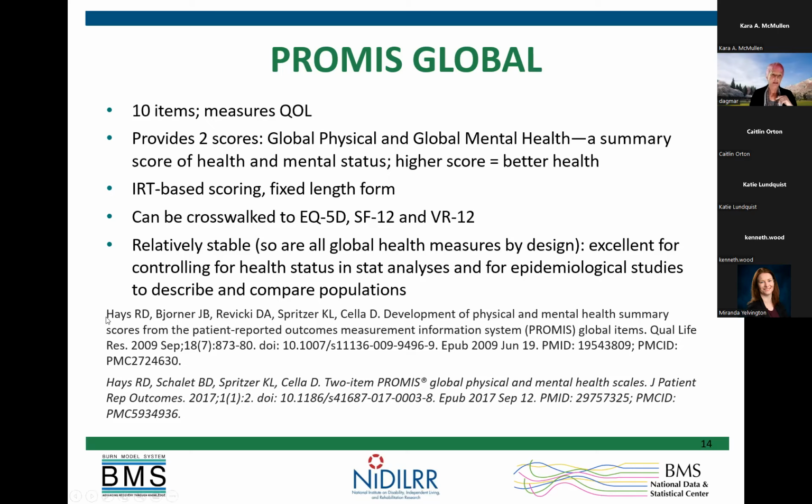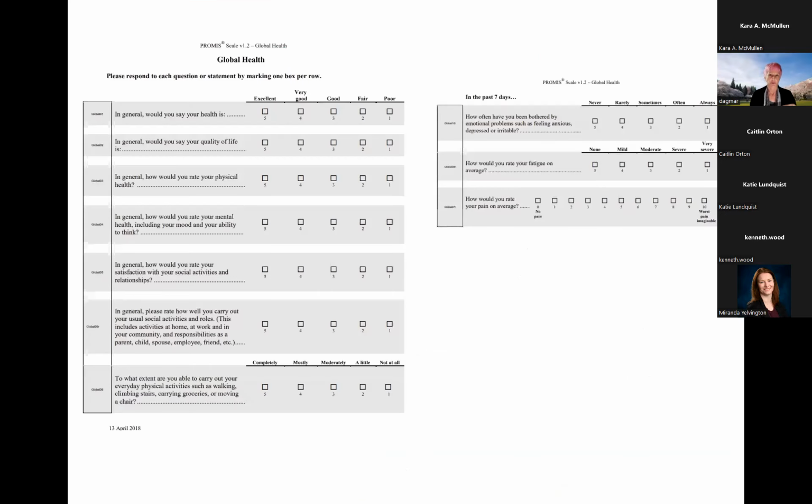And I included on the PowerPoint references in case you're interested in learning more about the measures. There are a lot more publications about these measures, and so I just included the initial development publications. This is probably hard to see, but this is what the global health form looks like.